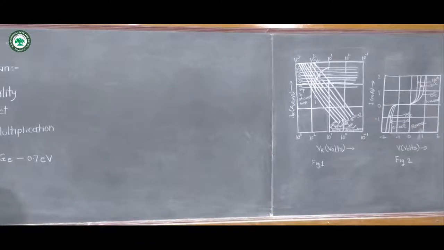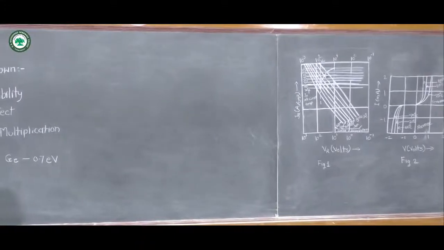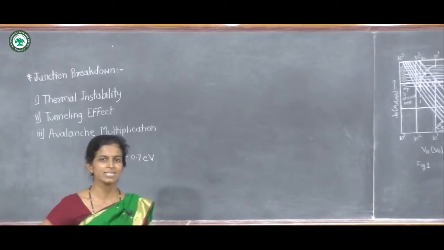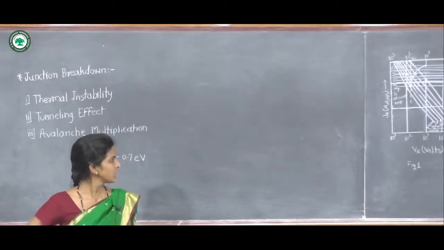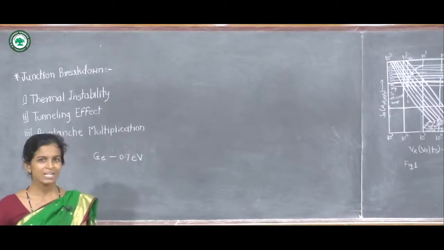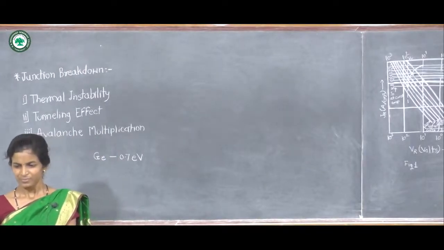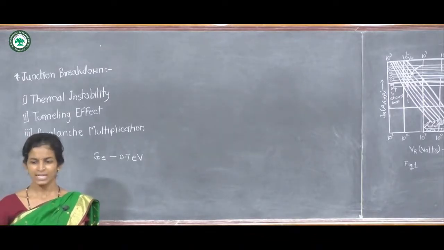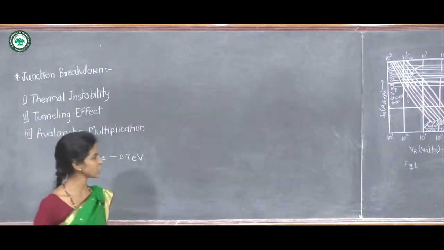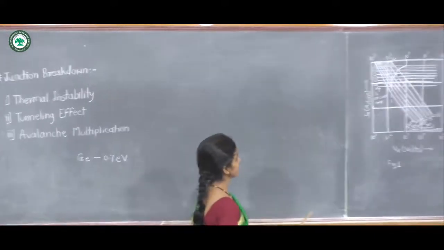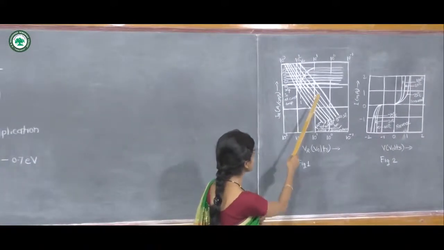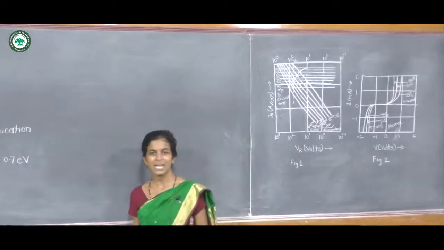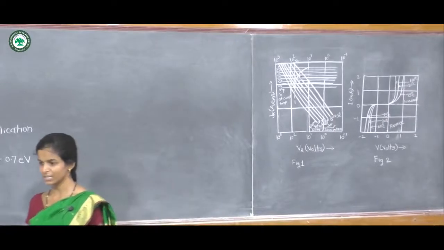In this figure number 1, the IV characteristic or the reverse IV characteristic as a function of constant temperature is shown, and each line represents the reverse characteristic at constant junction temperature.